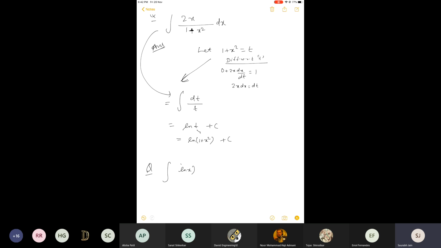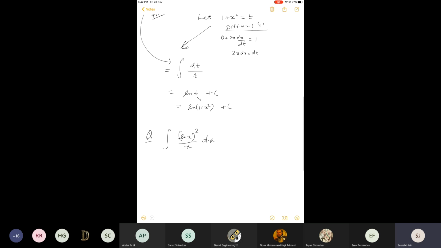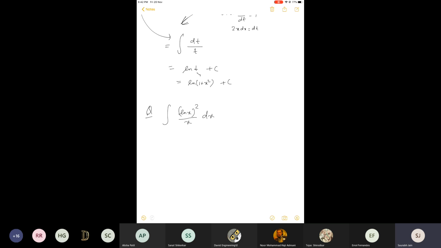Then this is the second question. You just need to identify what is that term or function that you need to put equal to t. The rest will be solved very easily. What about this question? What are you going to suppose? Anyone? Yes, come on.